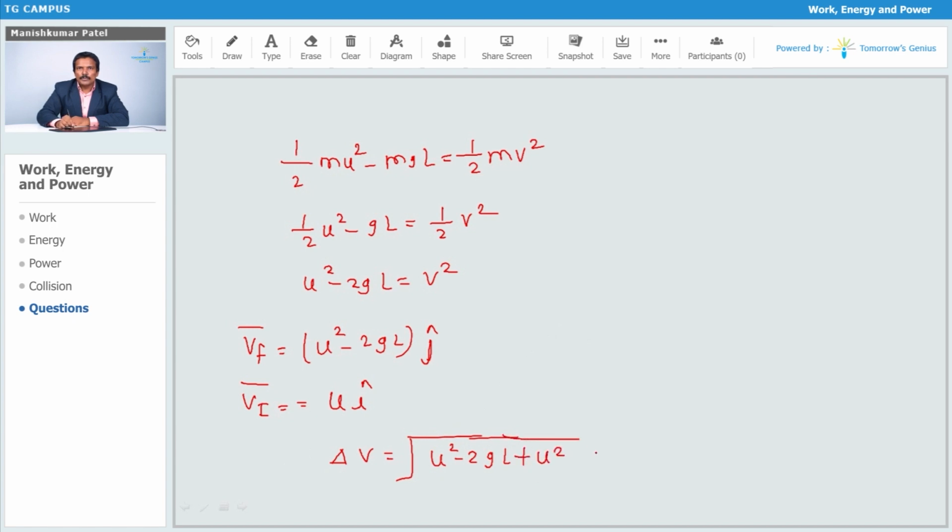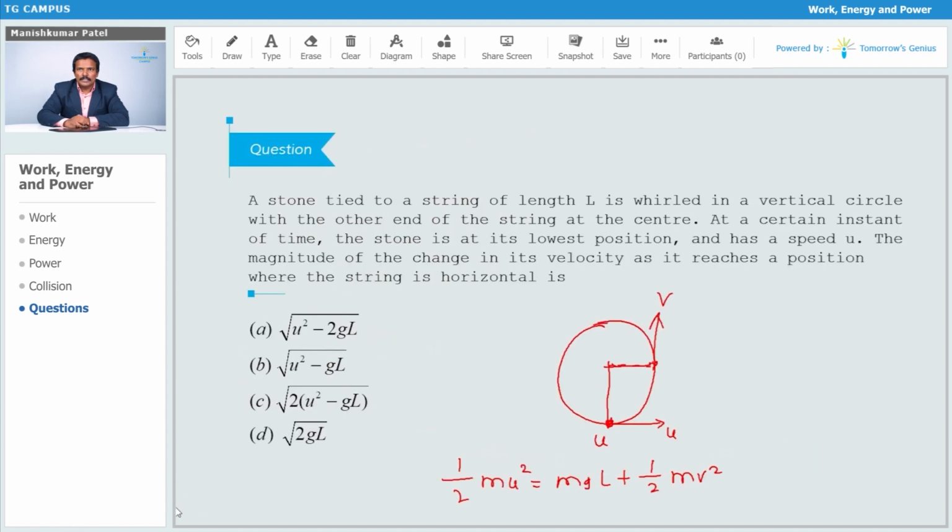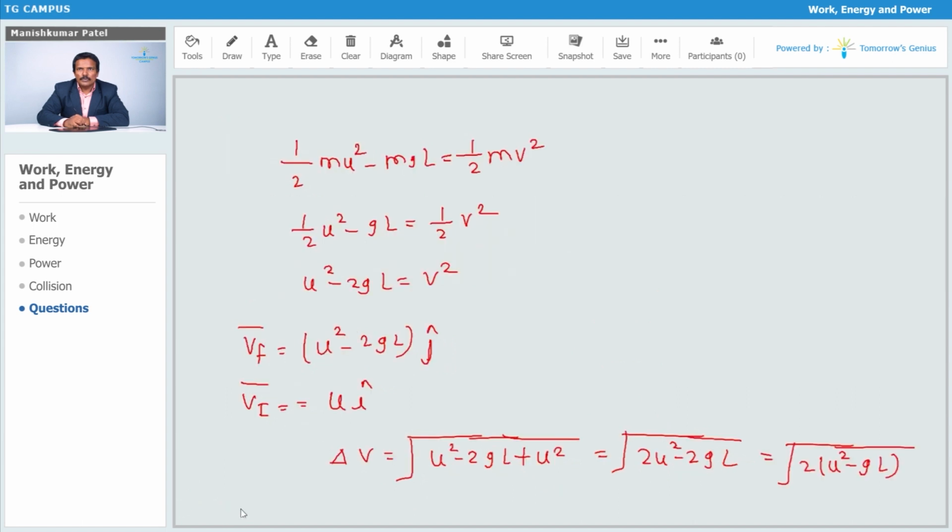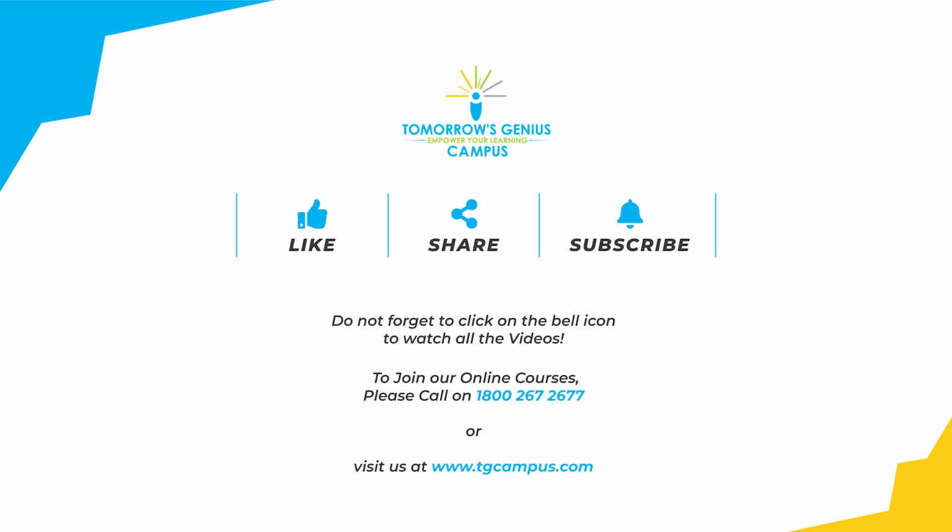So this is 2u square minus 2gl. Taking 2 common, that is 2 into u square minus gl. So your option C is correct.